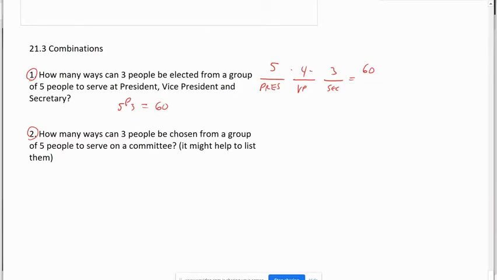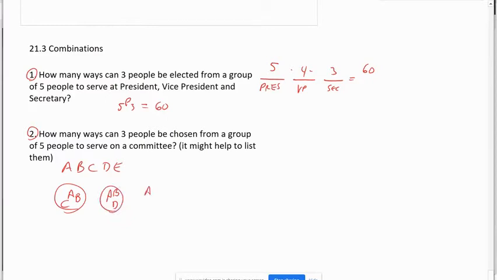Now problem number 2 is asking something different. It's just saying how many groups of 3 people can we pick from the 5 original people. If my people are named A, B, C, D, E, A, B, C in any order, that's one group. I could do A, B, D. That's another group.